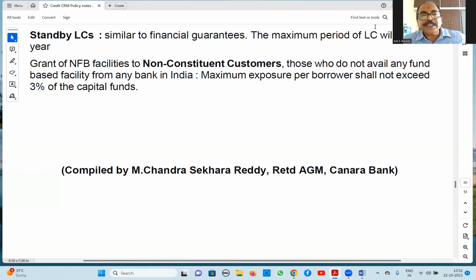For export MSME, concurrence of the next higher authority is needed. That means the branch has to send all details to the next higher authority and ask for permission to reject. Whereas in case of SC/ST beneficiaries, the application itself is to be forwarded to the next higher authority for rejection, so the next higher authority only will reject. That is the difference between concurrence and rejection.